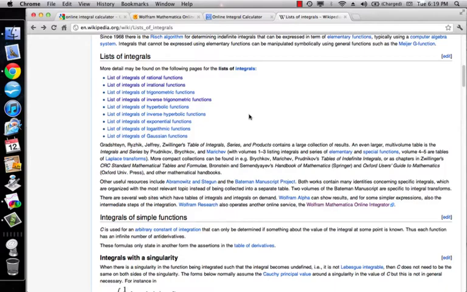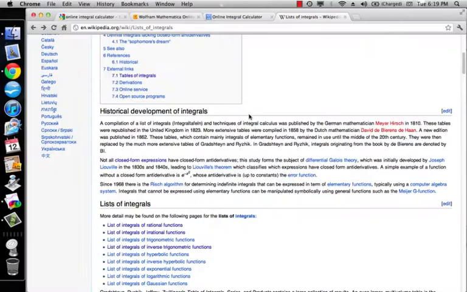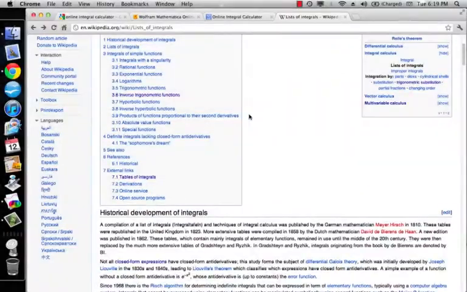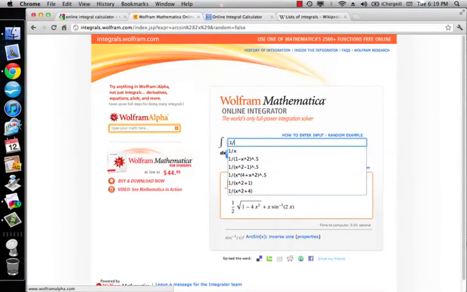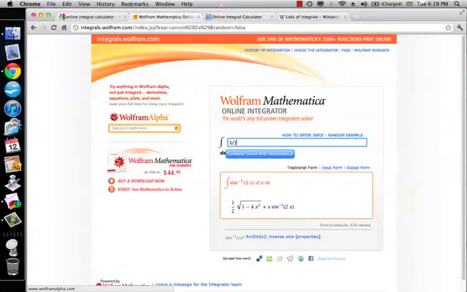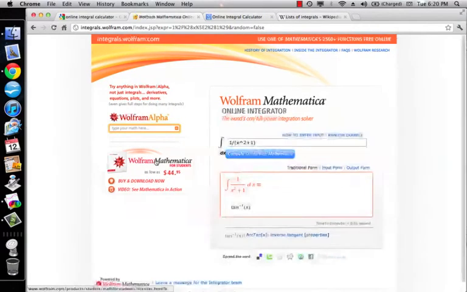Trig functions, exponential functions. Well, let's just explore. So we also have 1 over... we can do this one, and we can see that that's tan inverse of x.